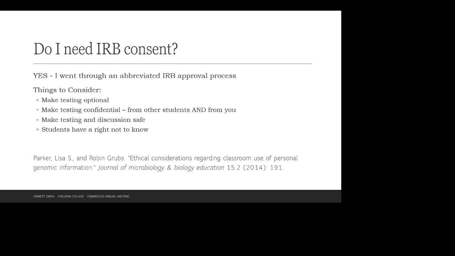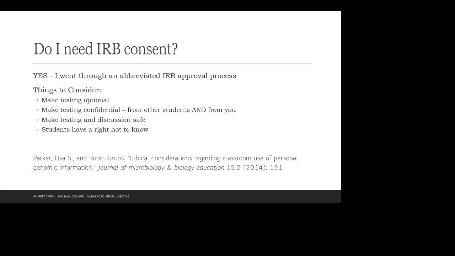I'm one of those people who wants to know all the answers and everything in a test like this, but I've learned that that opinion is actually a minority opinion, at least among my students. Many of them, if given the option to learn, for example, if they have the mutated Huntington allele, would not choose to opt in for that information. So it was important to make sure that students have a right not to know.